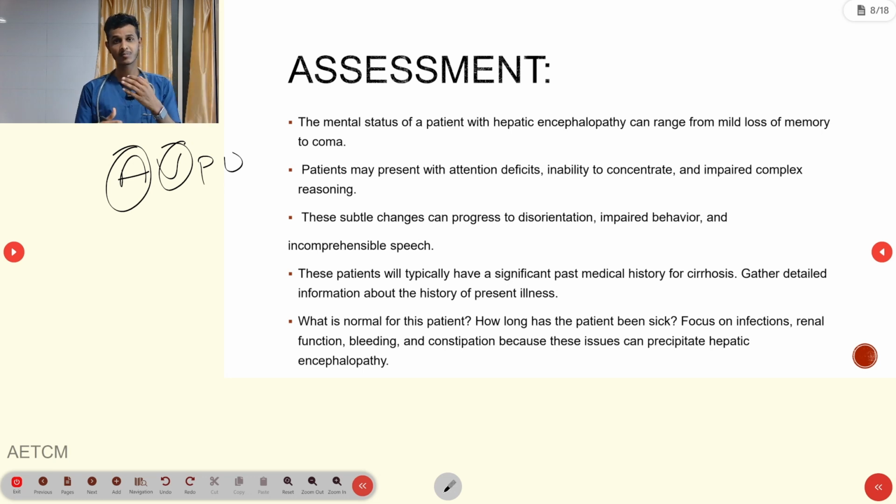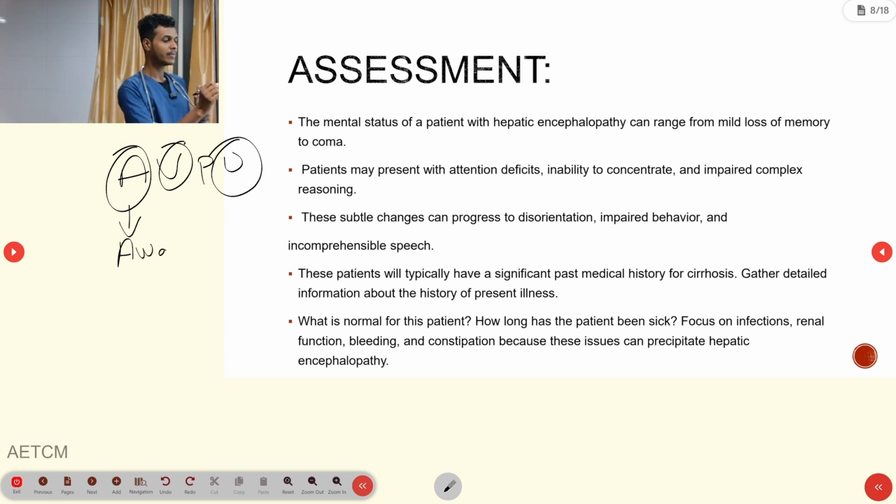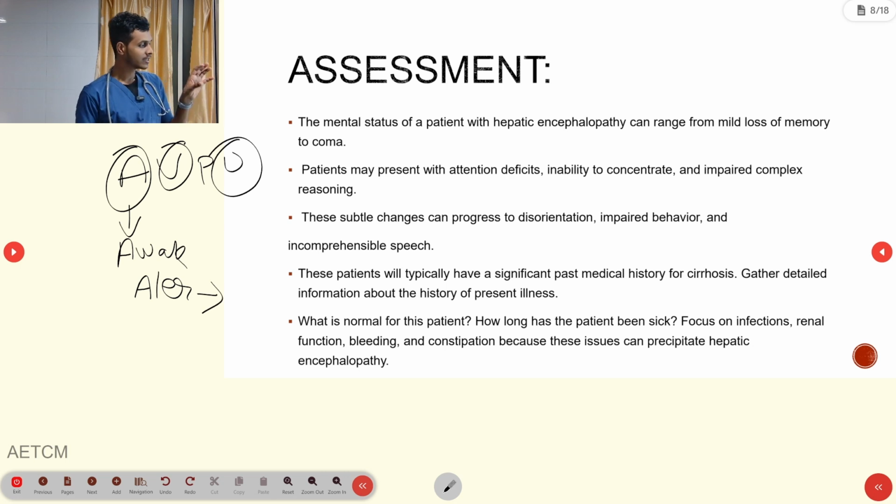In some cases, in an advanced clinical state, the person will be unresponsive. Coming to awake and alert, sometimes the person will be awake, but in alertness he might be confused or disoriented. So that is why in A we have to focus more on whether the person is awake or not. If he is awake, whether he is alert or not, oriented to you or not.